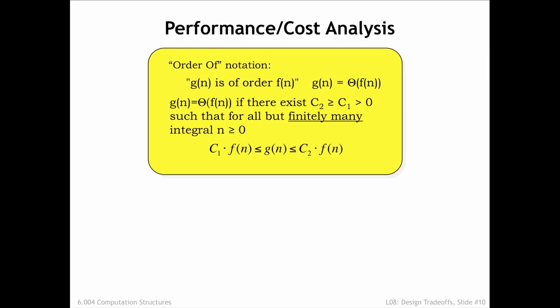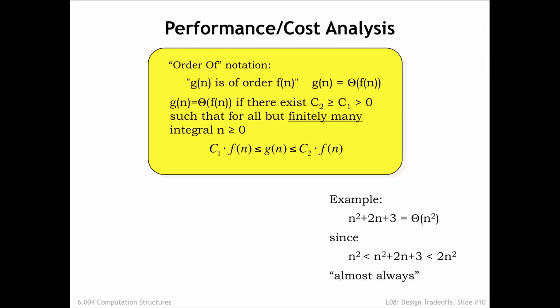The order of notation, which theoreticians call asymptotic analysis, tells us the term that would dominate the result as n grows. The yellow box contains the official definition, but an example might make it easier to understand what's happening. Suppose we want to characterize the growth in the value of the equation n squared plus 2n plus 3 as n gets larger. The dominant term is clearly n squared, and the value of our equation is bounded above and below by simple multiples of n squared, except for finitely many values of n.